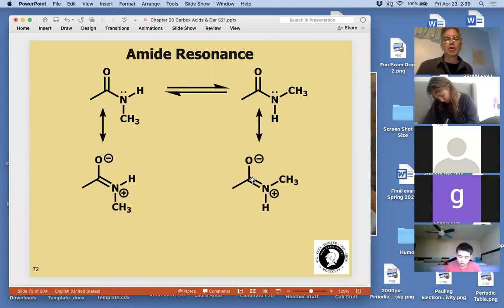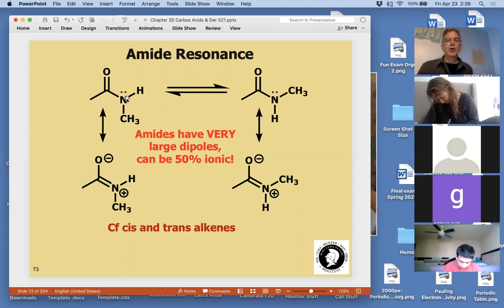Each one has its own resonance structure, and the resonance structures have a double bond between the carbonyl carbon and the nitrogen, more of an iminium bond. So this hinders the free rotation. This bond between the carbonyl group and the nitrogen has some double bond character. How much depends on the amide, and it depends on the conditions, but it can be as high as, wait for it, 50% double bond character. That's a lot, just why you can see these in NMR.